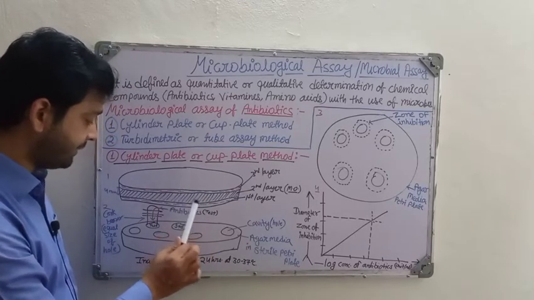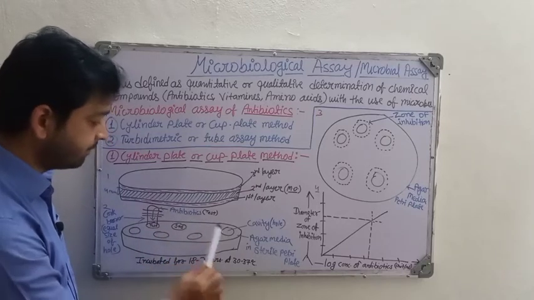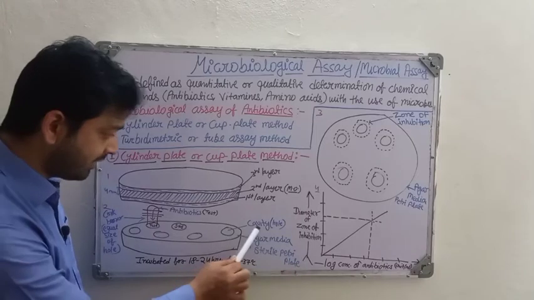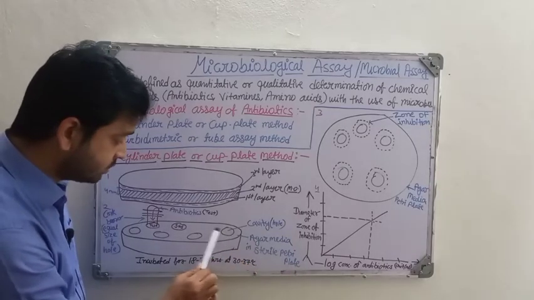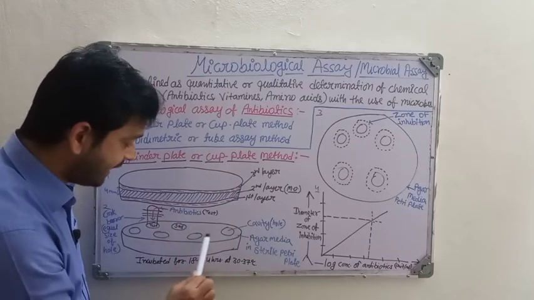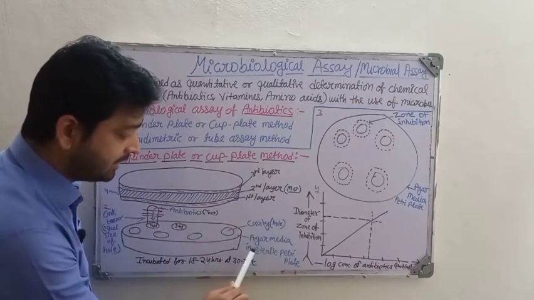Now we are going to make holes in the same petri dish, making cavities. These are the different holes we make, and everywhere else there will be agar media in the sterile plate.